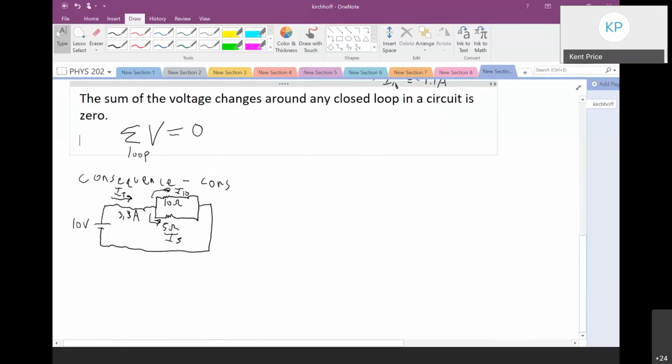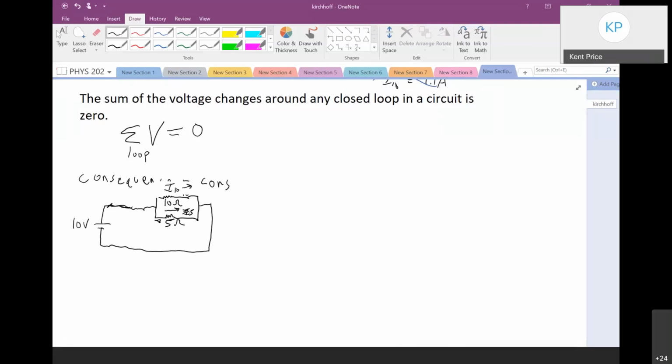Okay, so what we do is, I'm still going to call this I10, and I'm still going to call this current right here I5. I want to find I5 and I10.